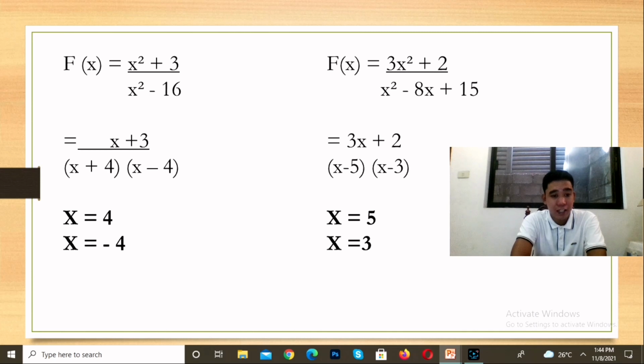So the zeros are x equals 4 and x equals negative 4. Another: f of x equals 3x squared plus 2 over x squared minus 8x plus 15, which is 3x plus 2 over x minus 5 and x minus 3, because the factors of positive 15 are 5 and 3, since 5 times 3 equals 15.